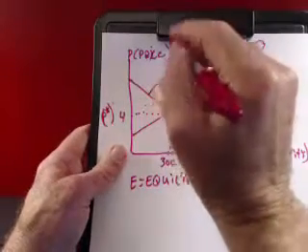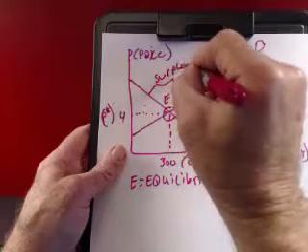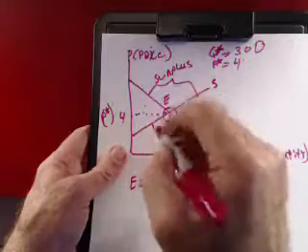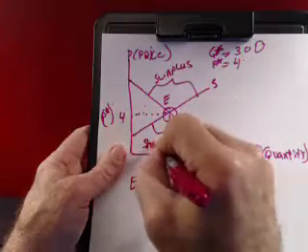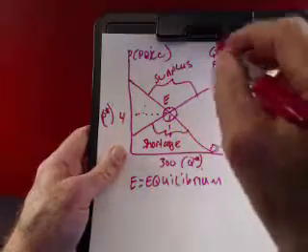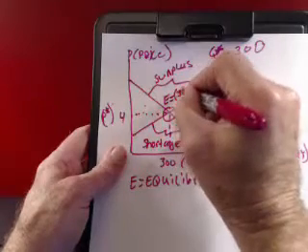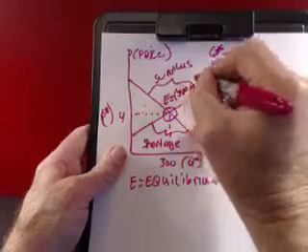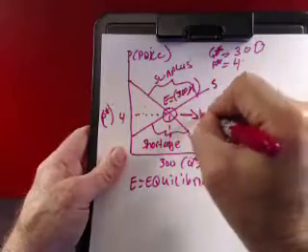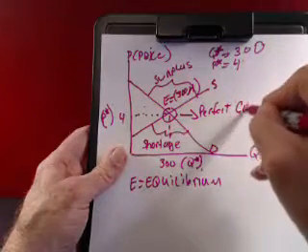Up here we have surplus. And down here we have shortage. Equilibrium points 300, 4, and perfect competition.